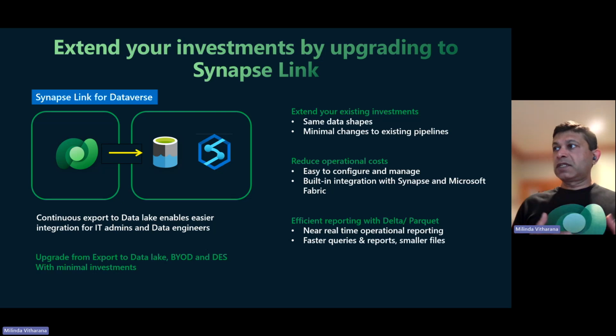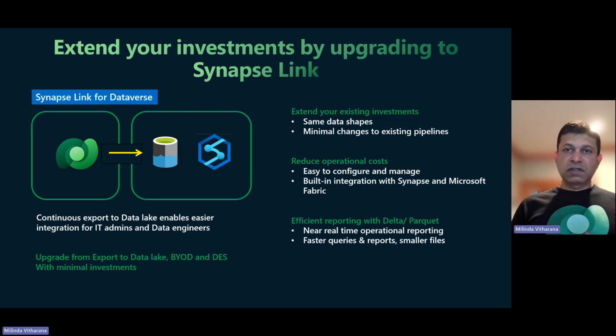So you get to extend your existing investments because the data shapes are almost the same, with minimal changes to your existing pipeline. However, you get to enjoy the benefits of reduced operational costs, easy to configure, manage, built-in integration, but also because of this Delta Parquet conversion, you save a lot of money on near real-time operational insights. Because your queries are faster, because your data sizes are smaller.